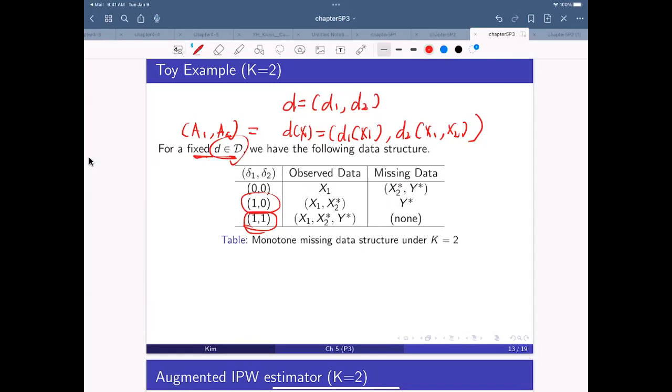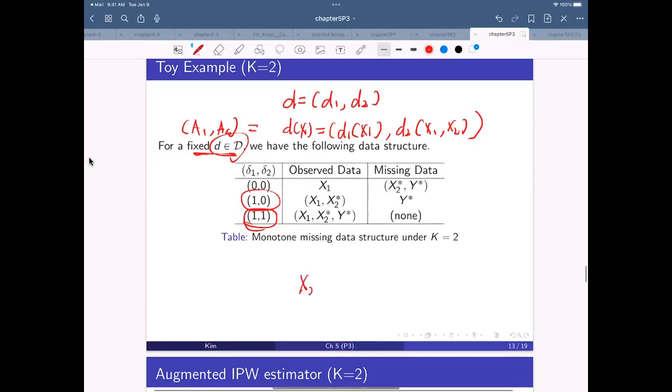So that means, usually for the potential outcome I don't observe, I don't know.